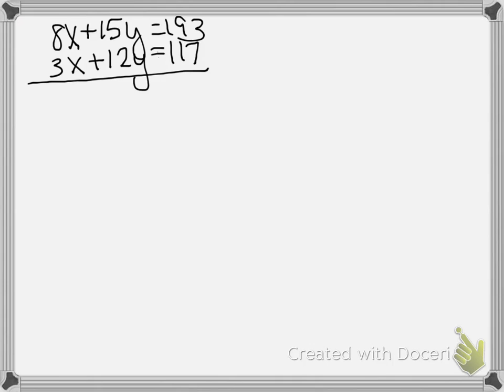We don't have the same like terms. Even if I multiplied, let's say this 3 times 2, I get 6. They're still not opposite. And the same goes with the 15 and the 12. I can never multiply just one of the equations. So here it looks like we're going to have to multiply by 2.